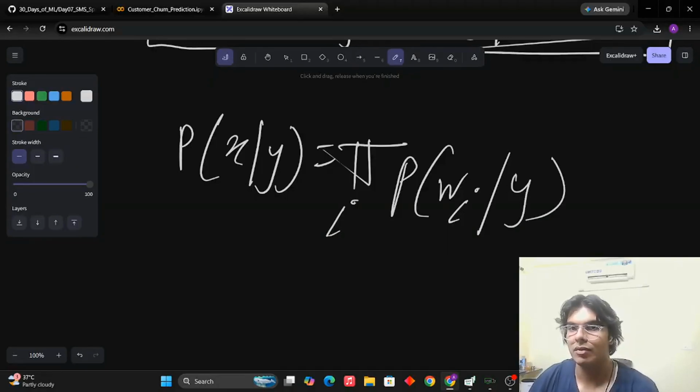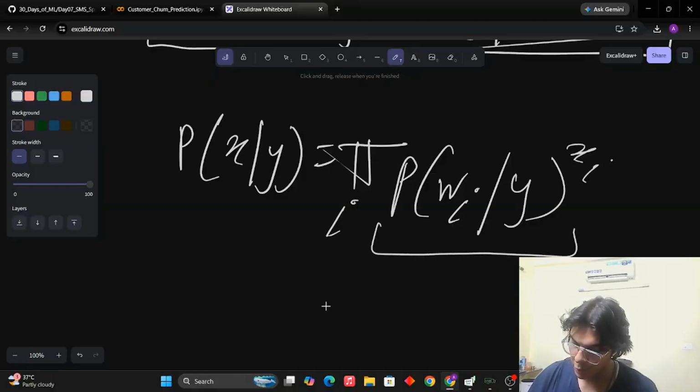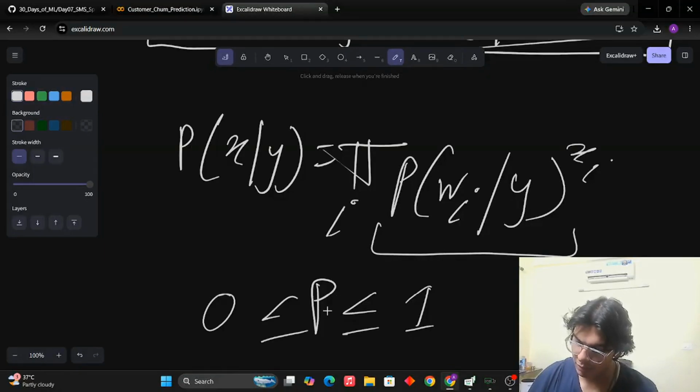What is the probability that the word wi will occur, to the power of xi? Now, this probability value, as we know, lies between 0 and 1. So this value is going to be some small value. And when we multiply a lot of small values with each other, it leads to an even smaller value.